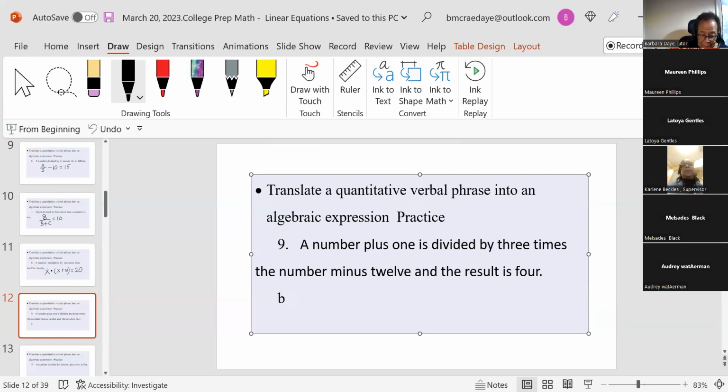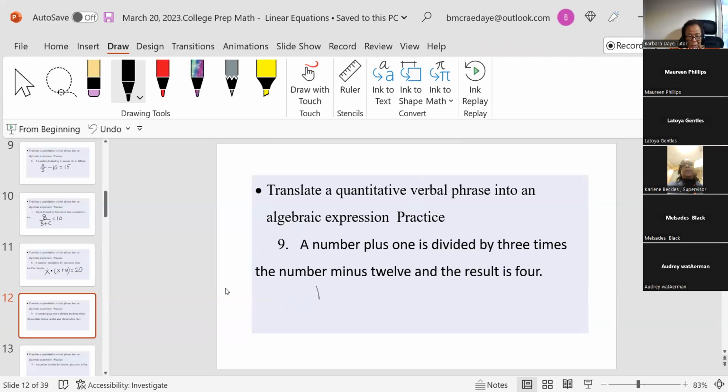It's easier to do it with a pen. B plus 1 divided by 3B, minus 12, equals 4.